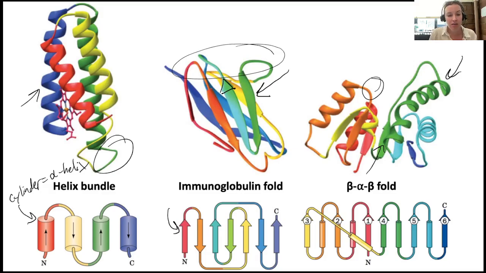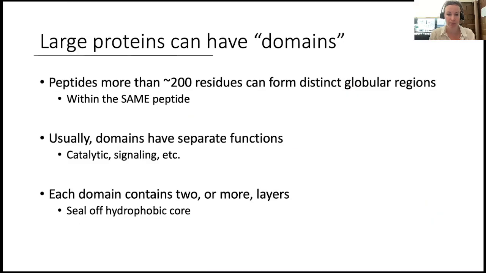Now, because we have proteins that can have very similar types of tertiary structure, we can have domains. Particularly, proteins that are large are going to have domains in them. A domain is a distinct region within the same protein.